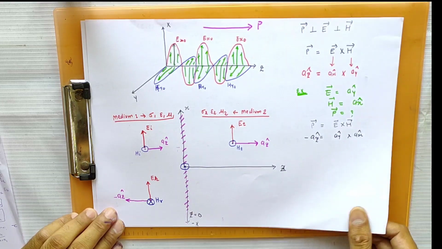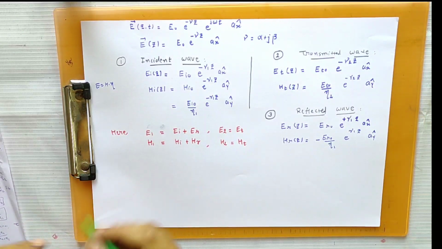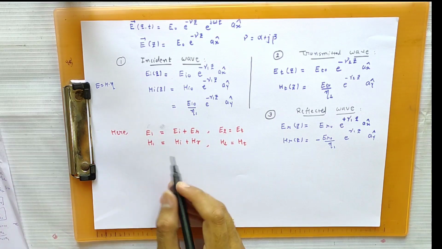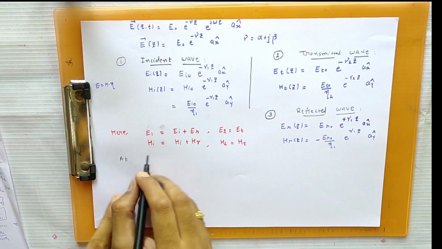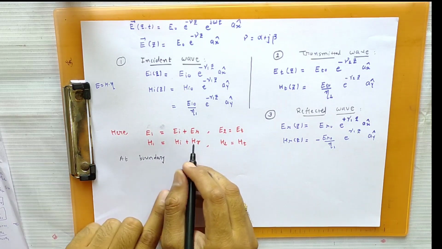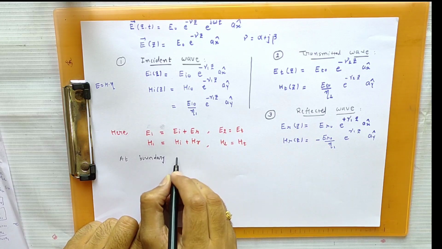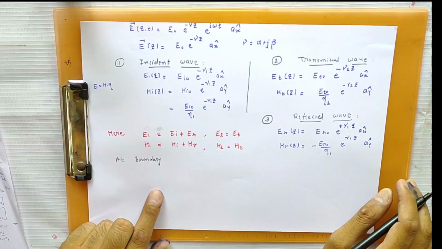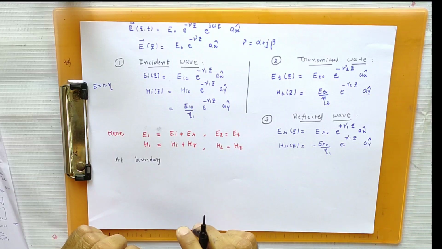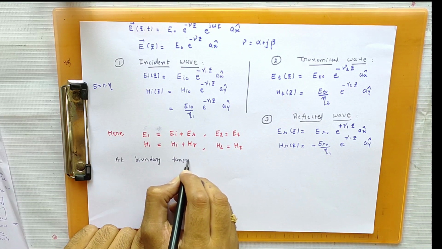So what is the boundary condition? At the boundary, the tangential components of the waves are continuous. We have to prove that. Which waves? Electromagnetic waves.